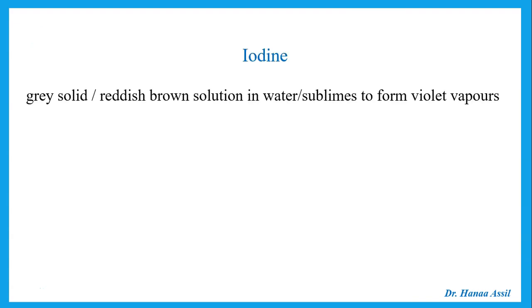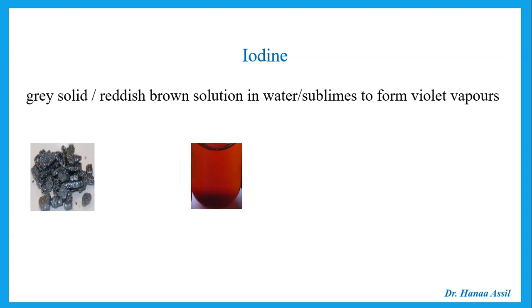And if we look at iodine, iodine is unique in that it has different appearances. As a solid, it's gray. Now, if we dissolve it in solution, remember this would be iodine solution that we use to test for starch. Iodine solution is a reddish brown solution.